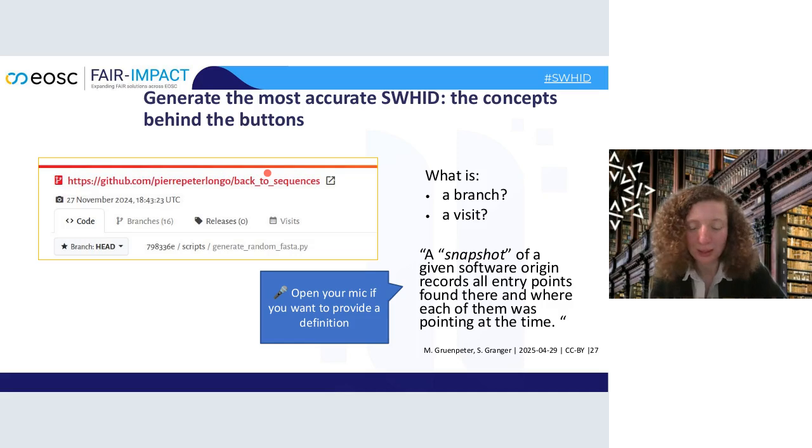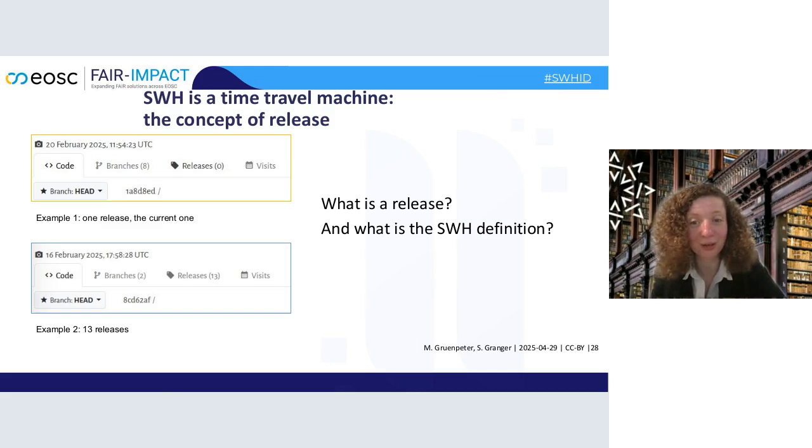I'm going to go back here and then go here, because we're going to try and travel with the concept of releases. What is a release and what is the Software Heritage definition of a release? You might find, and be disappointed, but you shouldn't, that we don't have the same releases as a GitHub repository. The truth is we use a different way to identify releases.